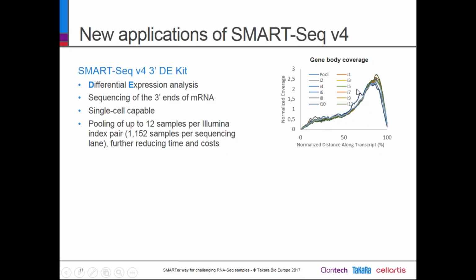This is useful if you are interested only in measuring differences of expression between different cells or different populations, and you don't need the full-length cDNA, because for doing this differential expression analysis, only capturing the 3' end is sufficient. So this is what this kit allows.